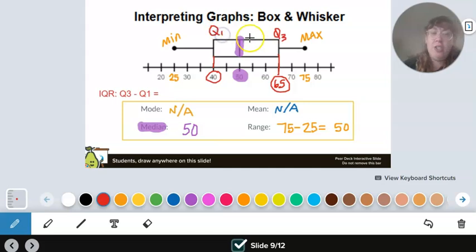So the range of just that interquartile box is 65 minus 40, which gets us 25. So make sure you have all that down and push to slide 10 when you are ready.